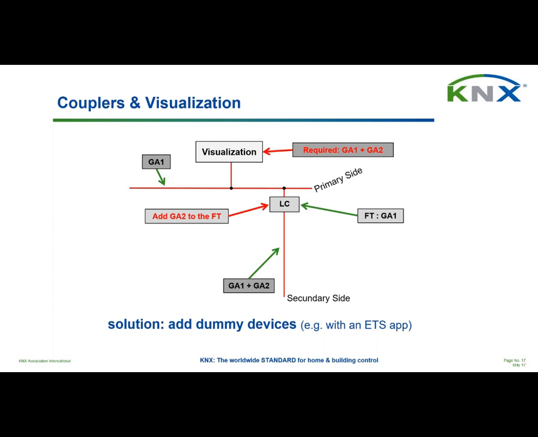Again, it's doing nothing physically in the installation, but that's the way we can add it permanently to the filter table of the line coupler. By the way, adding dummy devices is the best way, and there's even a specific ETS app that allows you to do so.